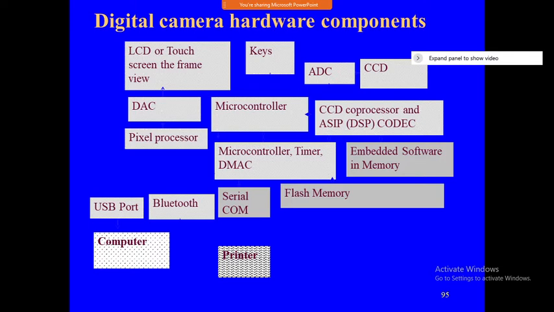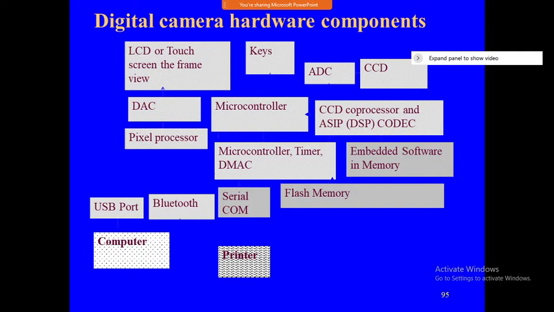A USB port is necessary, and Bluetooth, serial com, computer, printer. These are the external connections. If you want to connect a digital camera to the computer or printer, you can connect through these. Serial com connects to the printer, and USB ports connect to the computers. Flash memory is necessary. These are the things necessary here. Let's see exactly what the components are.